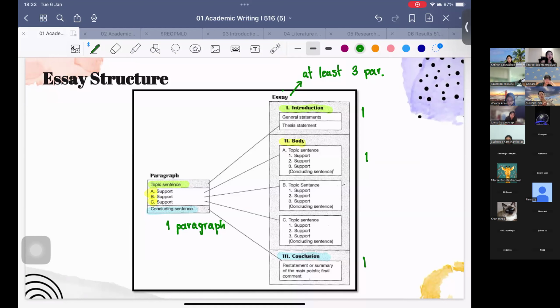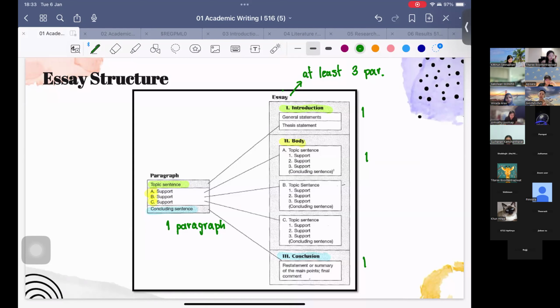You might have 4, 5, 6. And when you have 4, 5, 6, technically you're going to have more body paragraphs. You definitely would have one intro, one conclusion, and maybe 2, 3, 4 body paragraphs.